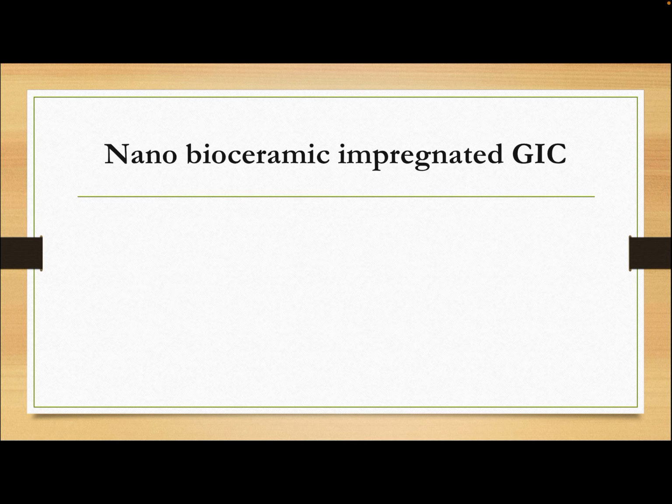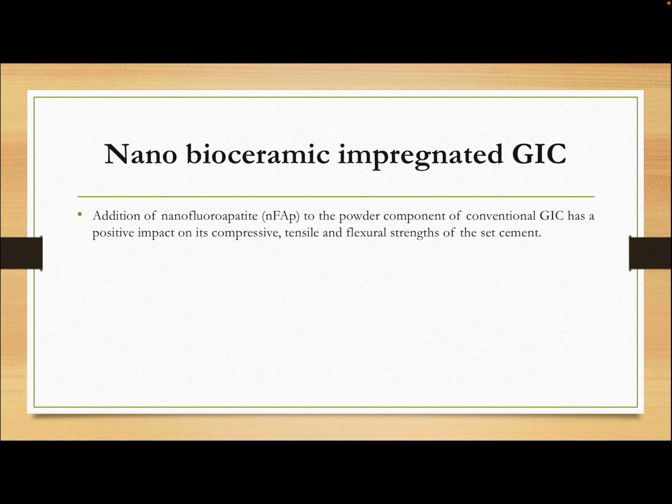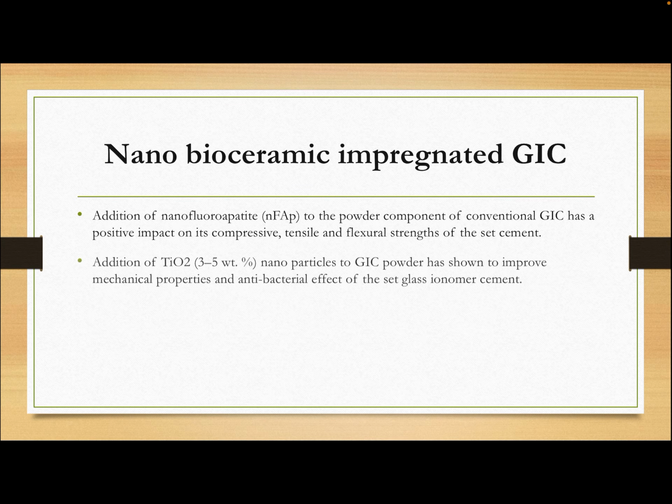And the last advancement we're going to talk about is the nano bioceramic impregnated GIC. The addition of nano fluorapatite to the powder component of conventional GIC has a positive impact on the compressive, tensile, and flexural strength of the set cement.